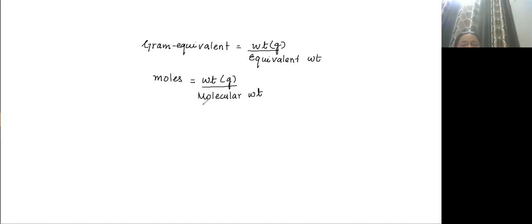How are equivalent weight and molecular weight related? Gram equivalent is weight in gram divided by equivalent weight, and equivalent weight is molecular weight upon n factor. So can I write molecular weight into n factor?